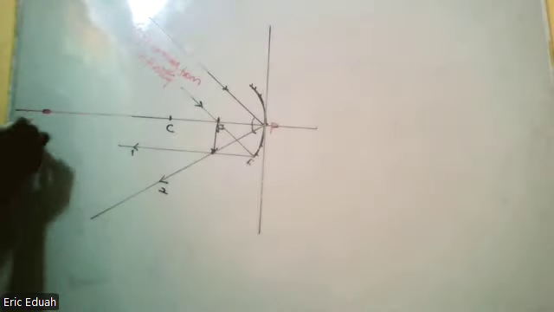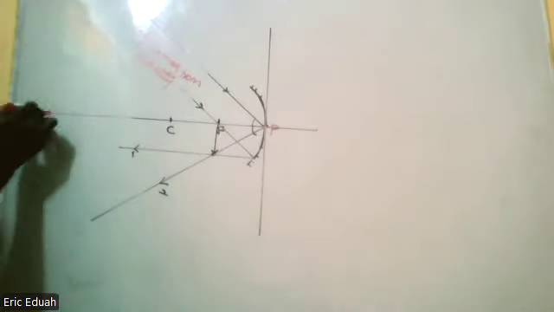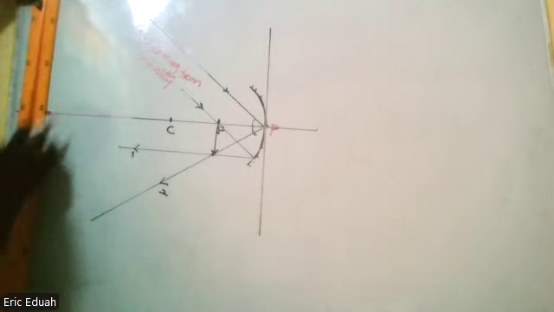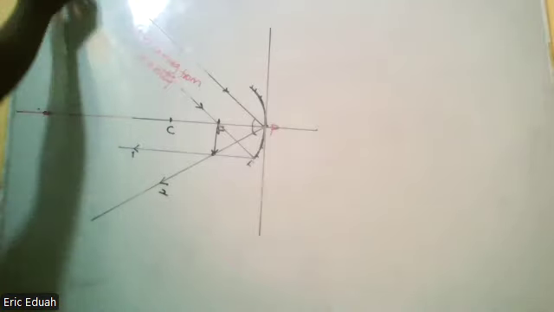So, supposing this point is what I am describing as infinity, then it means these two rays must be coming from the head of the object.